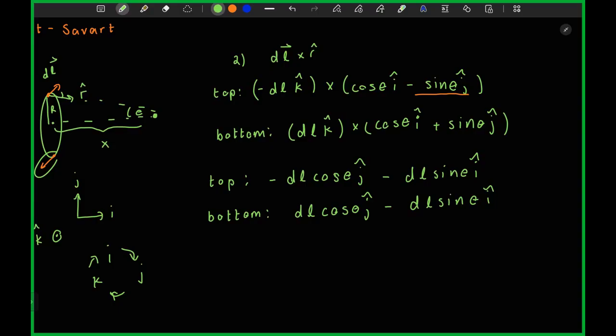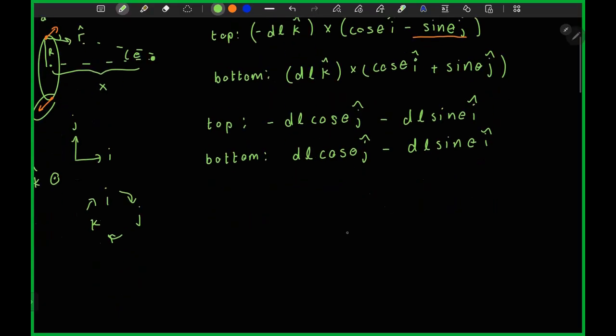So what does this actually mean? If we look at our point P, we can see that the top of the ring produces a contribution which has a component in the negative j direction and the negative i direction. So our magnetic field points this way. So this would be dB top, the contribution from the top. And then if we look at the contribution from the bottom, it produces a field with a positive j component and a negative i component, dB bottom.